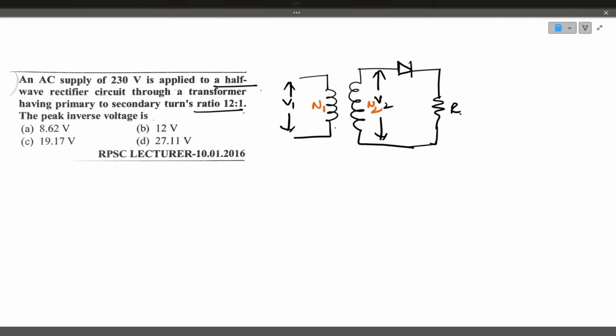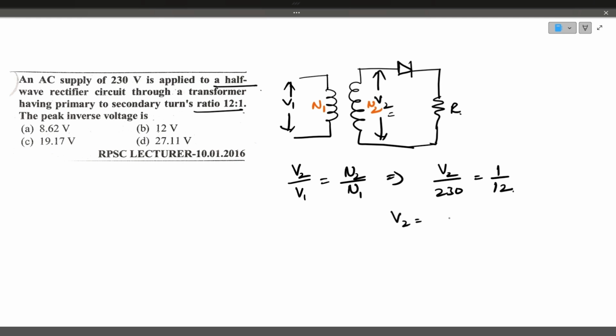First, he's telling the turn ratio is 12:1. First, we have to calculate the V2 voltage. The ratio of secondary voltage to primary voltage, V2 by V1, is equal to the ratio of secondary winding to primary winding. V1 is 230 volts, N2 by N1 is 1 by 12.